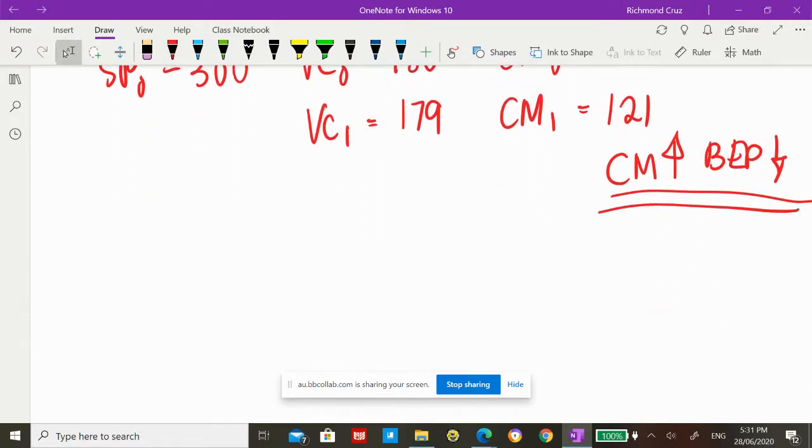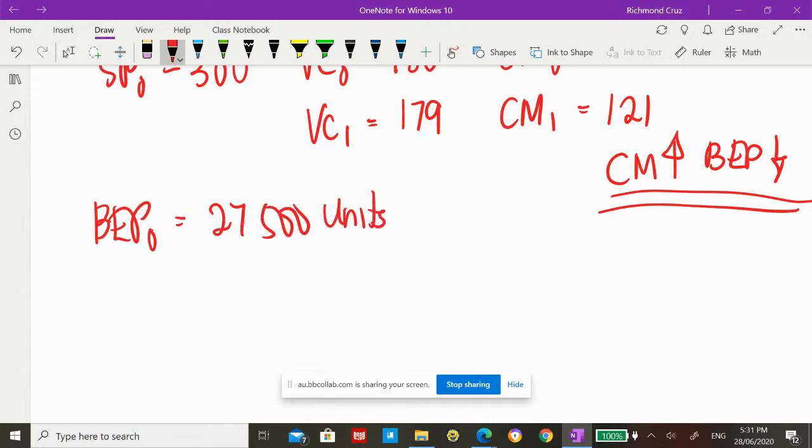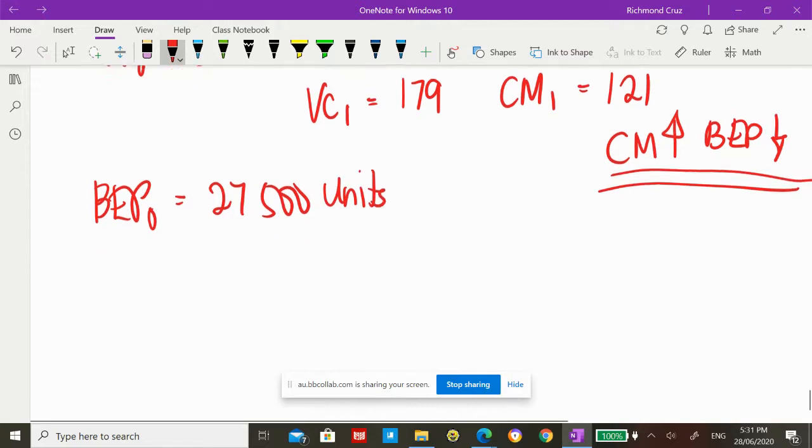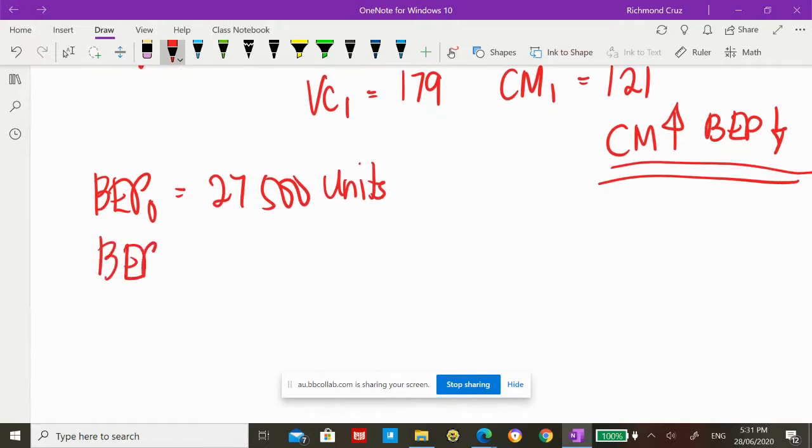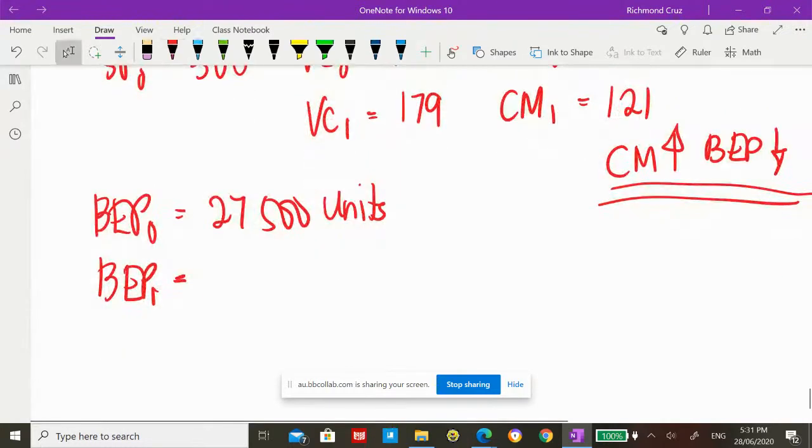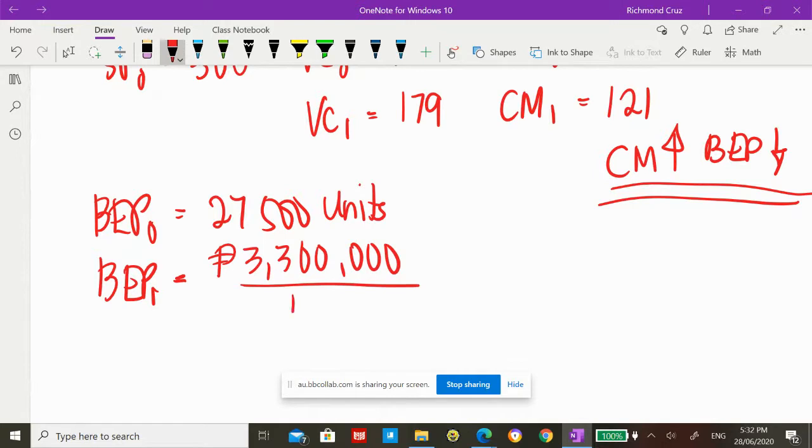So, now, let's check kung what will be the break-even point. So, break-even point before is 27,500. So, meaning this is the original break-even point. So, that is 27,500 units. So, let's check yung new break-even point. So, ibig sabihin nyo, if the variable cost will decrease by 1 peso. So, this will be yung total fixed cost na 3,300,000. Di-divide ko ng 179 per unit.